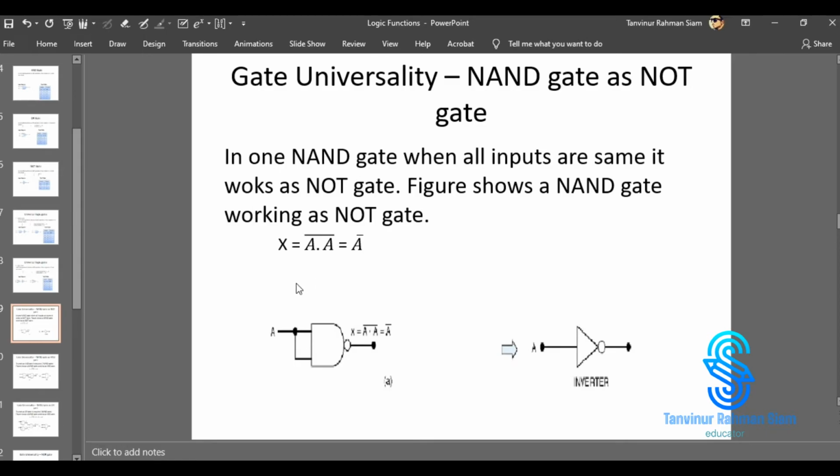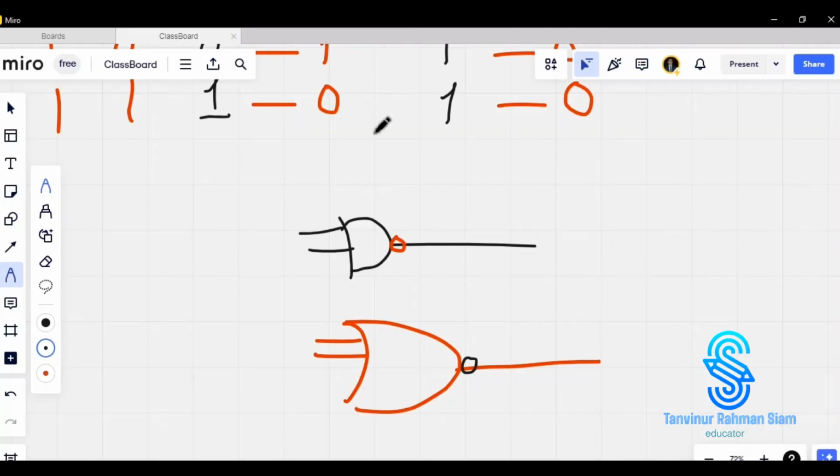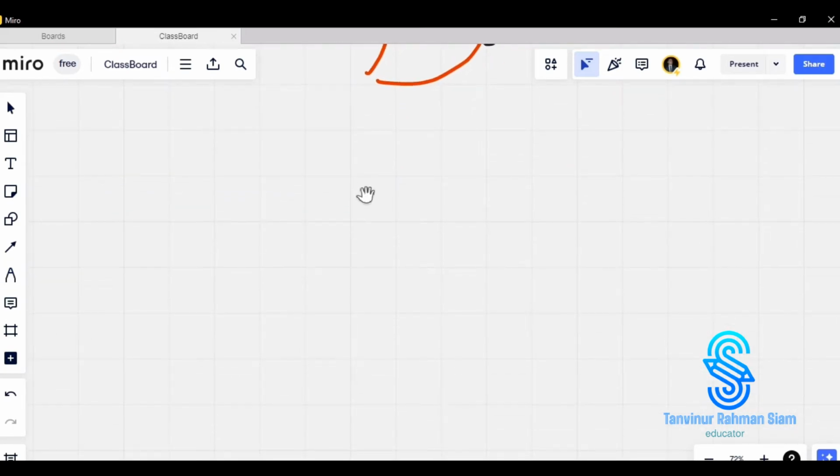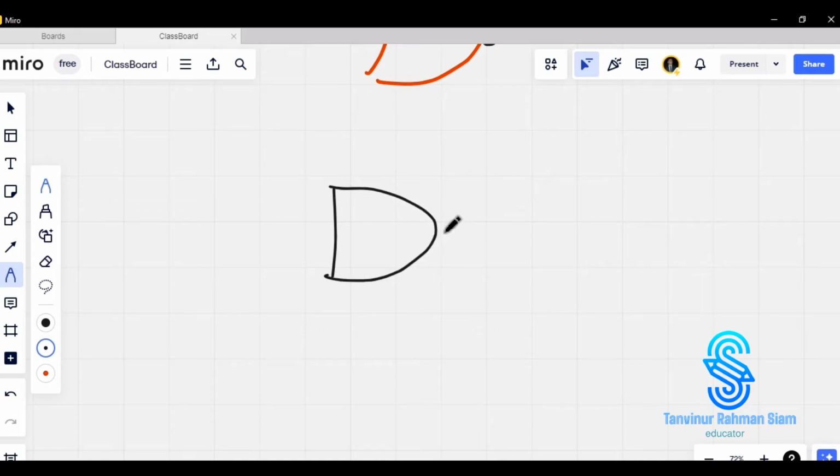So how can we use it? Just see. At first of all, let's draw the NAND gate. So it's the NAND gate. We know that in case of the NOT gate, we have only one input.